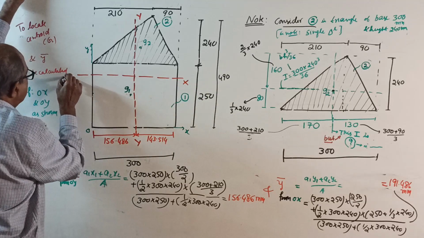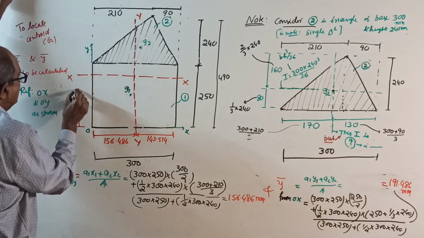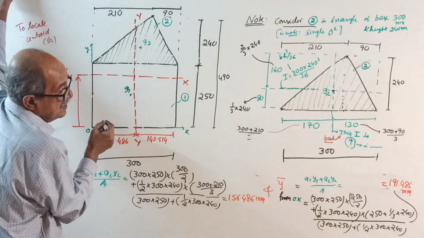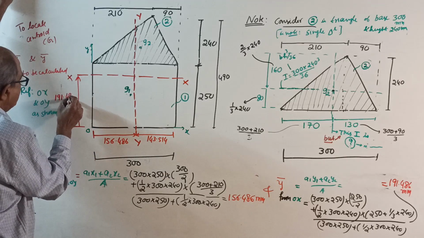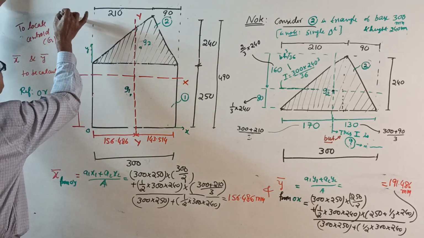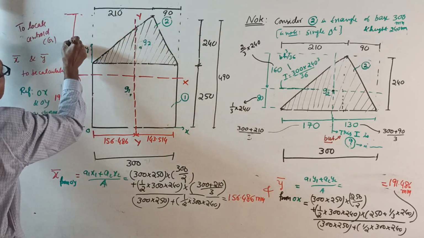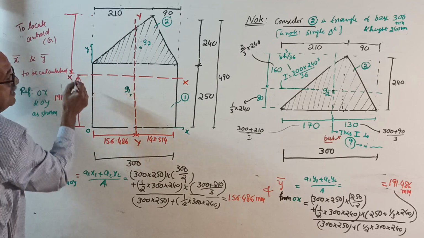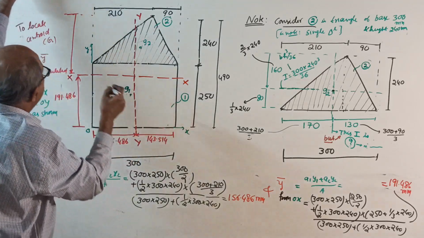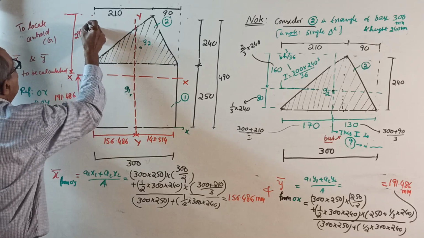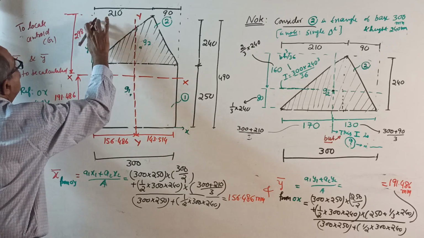125, 191 is here. X axis. From here, 191.486. From the top extreme end, if you mark, this distance will be 298.514.